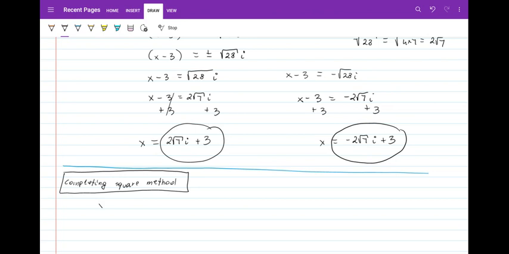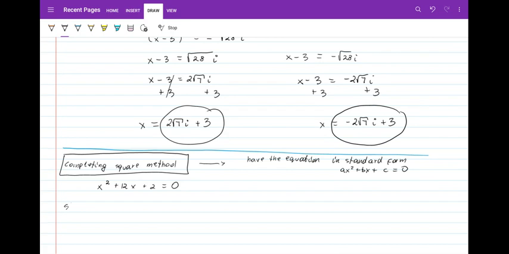So we're going to solve x squared plus 12x plus 2 equals 0. Of course, to use that method, you need to have the equation in standard form, which means ax squared plus bx plus c equals 0. Okay.